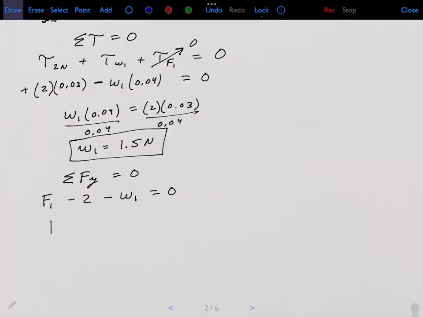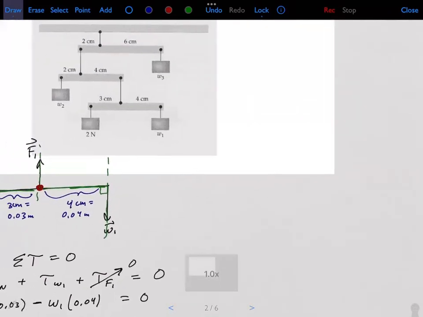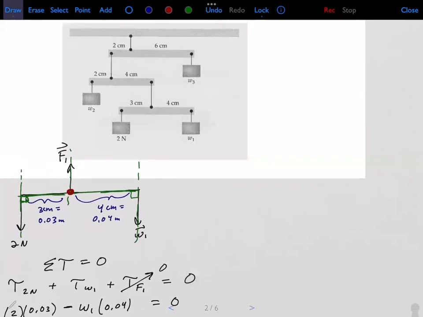If I bring those to the other side, F1 has to equal 2 plus W1, so it'll be 2 plus 1.5, which is 3.5 newtons. Why is that helpful? Because now if we go back to this picture, on the second rod here, this force pulling down must be the same as F1.